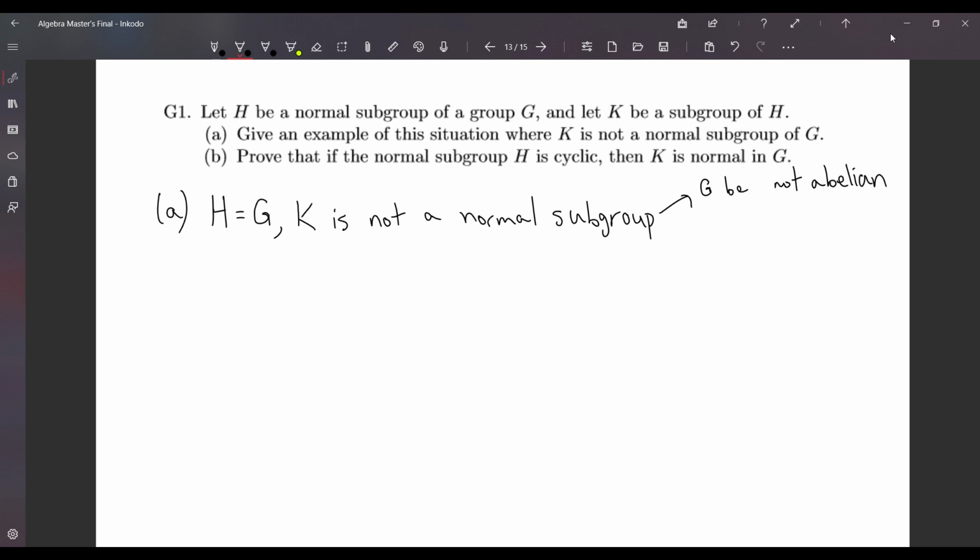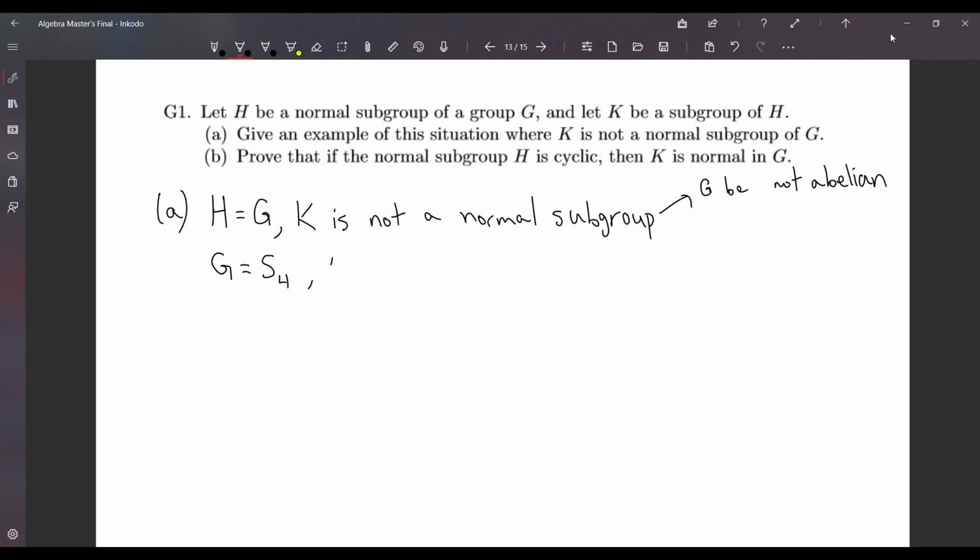Some of the best examples of non-abelian groups to have in memory are permutation groups, and we can pick the permutation group on 4 symbols.